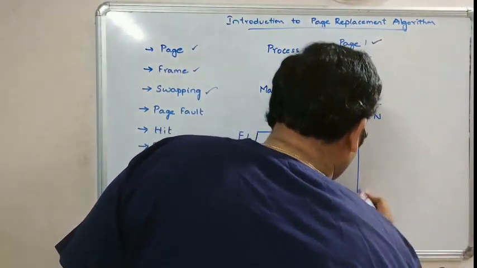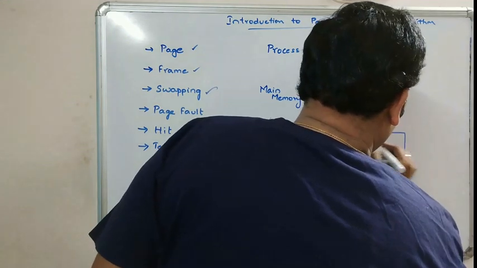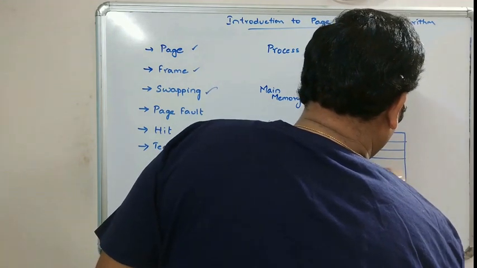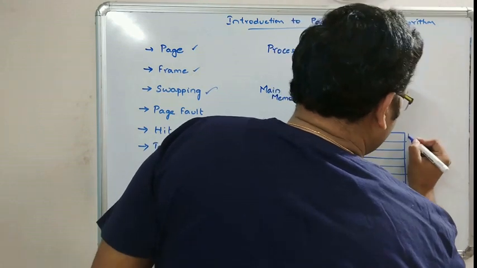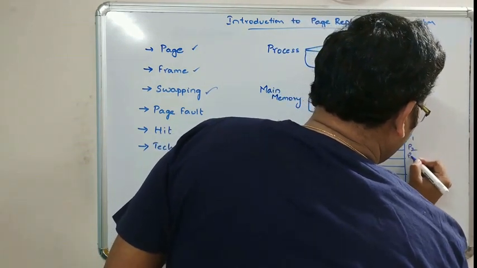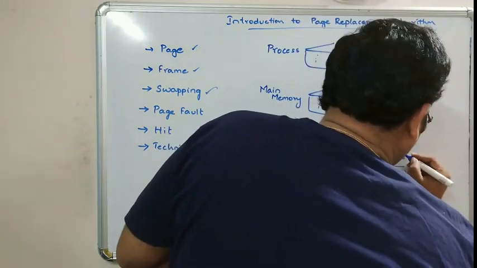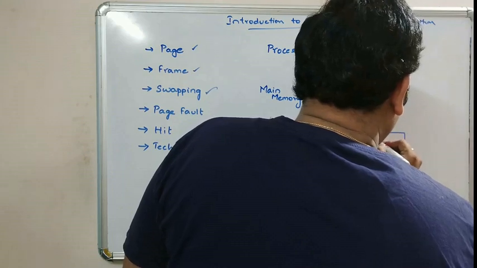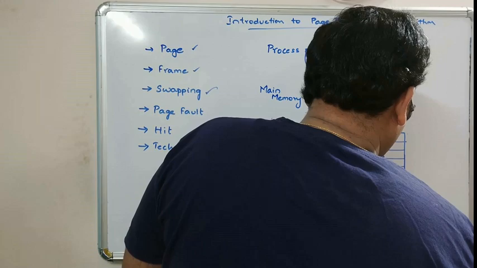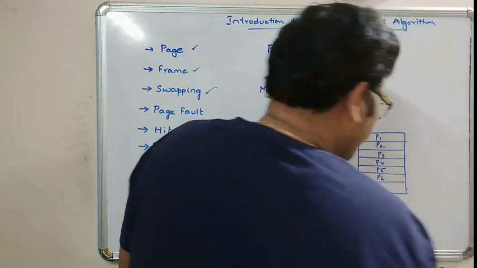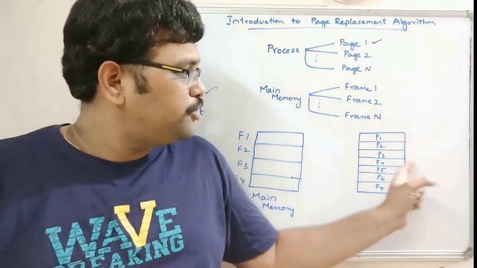Similarly, we have some processes, P1, P2, P3, P4, P5, P6, P7, where P1 is nothing but page 1, page 2, page 3.